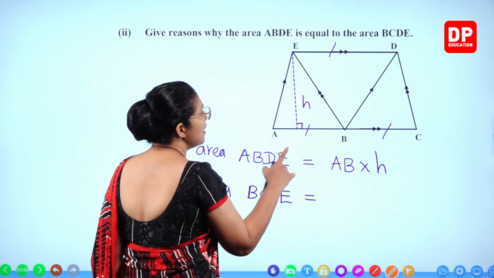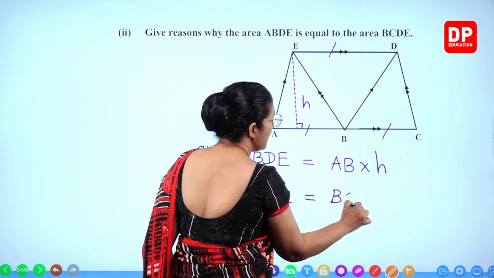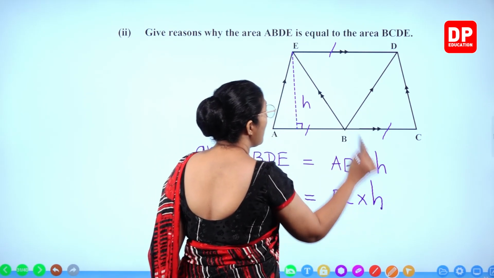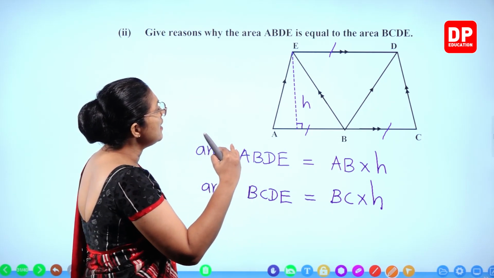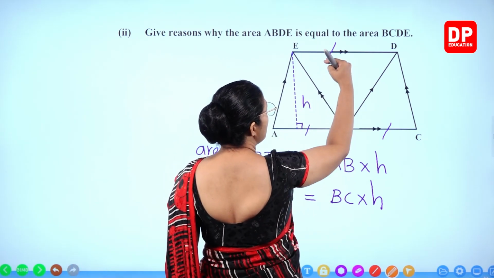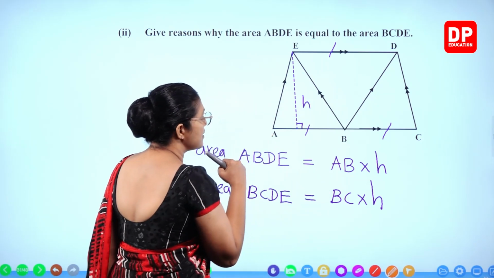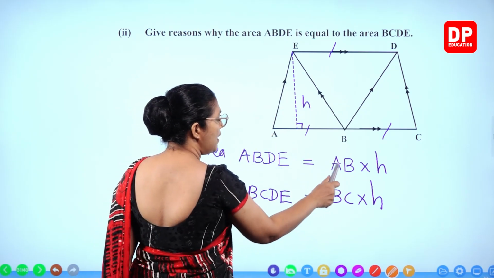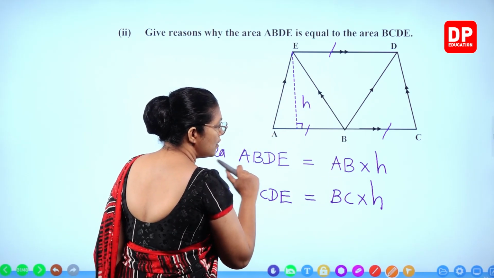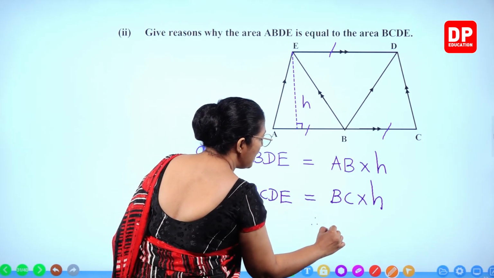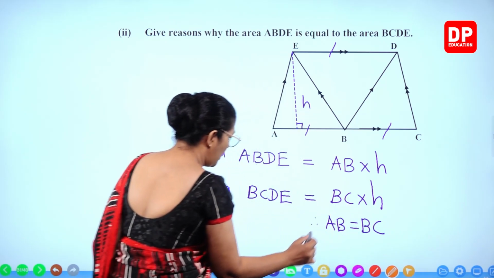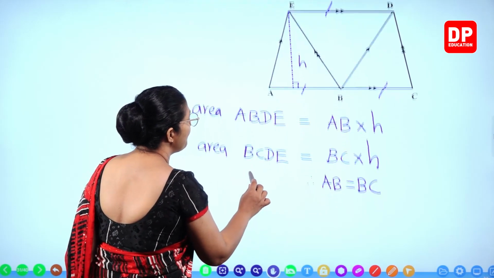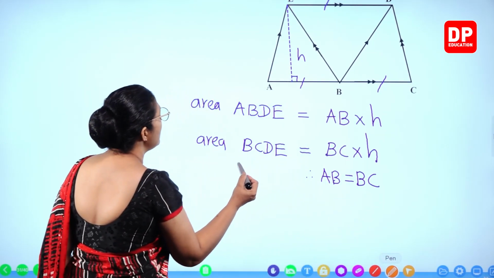We can take base BC into perpendicular height H, same height, because these two parallelograms are in between these two parallel lines. But we know AB and BC are equal. So because AB and BC are equal, you can say the two areas are equal.